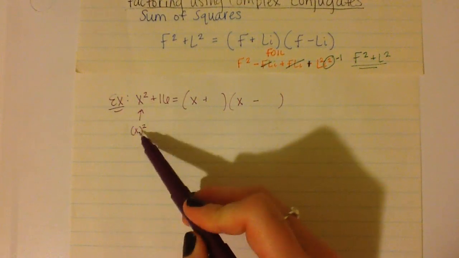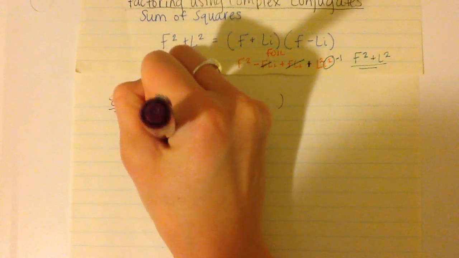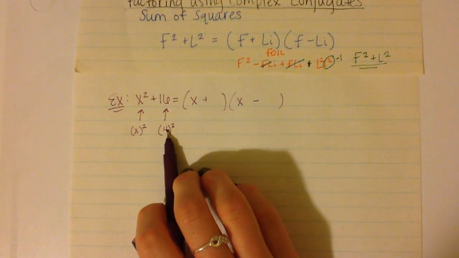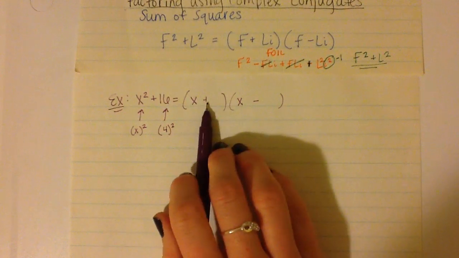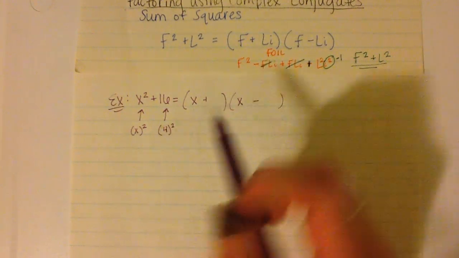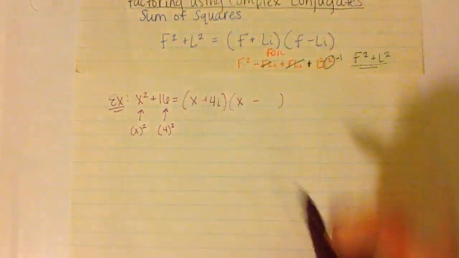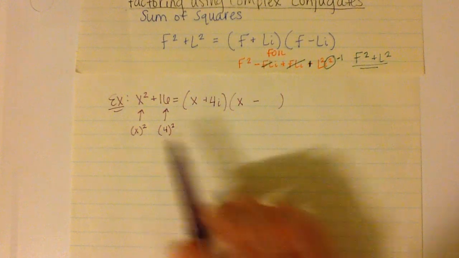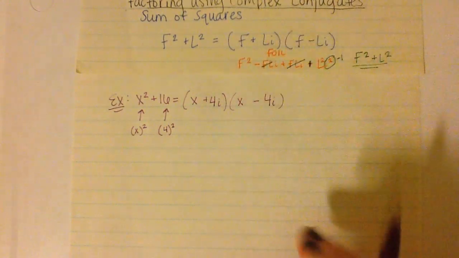So this term is x squared, and we know this term is 4 squared. Square root of 16 is 4. So up here, if we unsquare 16, we're left with 4, and we still have our i. So we're left with 4i.